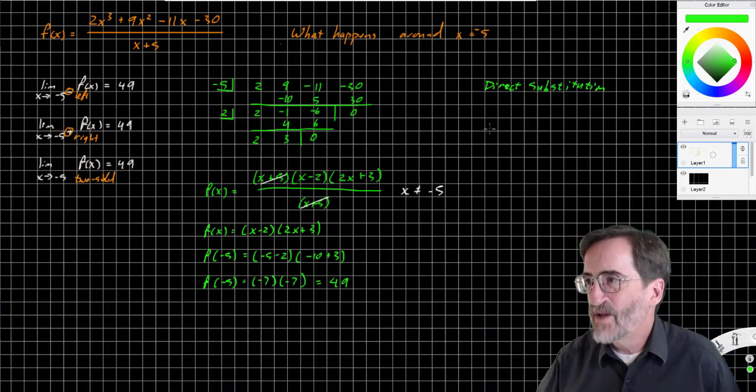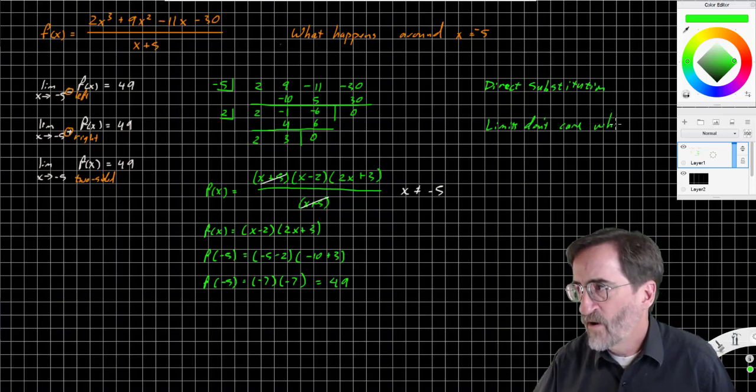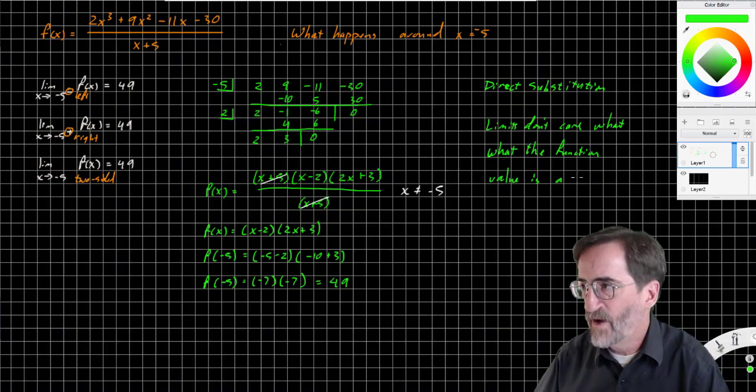One of the big ideas of a limit is limits don't care what the function value is at a, where we're defining that as the limit as x approaches a of f of x.